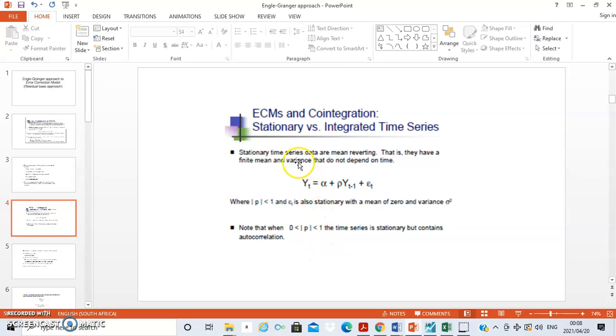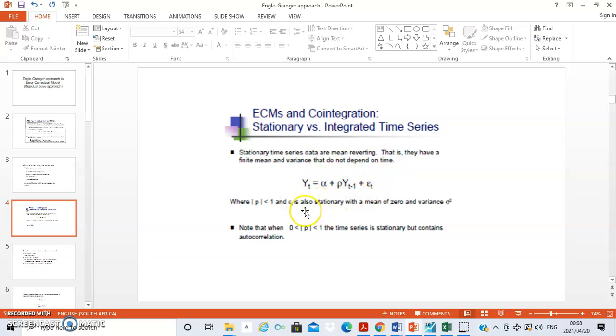Okay, now we remember that we said stationarity has to do with the mean, variance and covariance being constant over time. And for that reason we are saying stationary time series data are mean reverting. In other words, they have a finite mean and variance that do not depend on time, and this is basically how we express it.